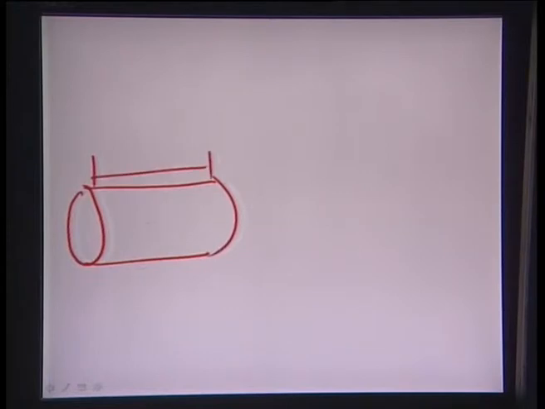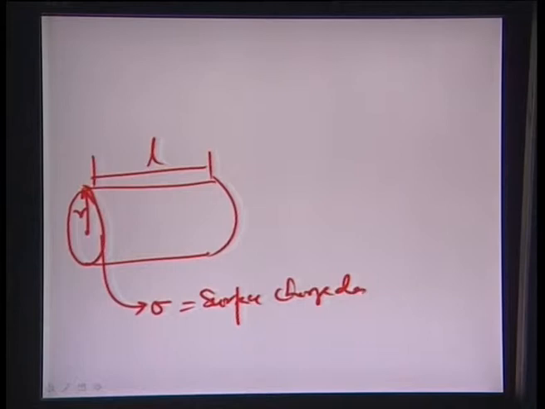Let me explain this in a little more detail. Suppose you have a capillary of length L and radius r, and we have a surface density of charge inside this capillary as sigma, the surface charge density.